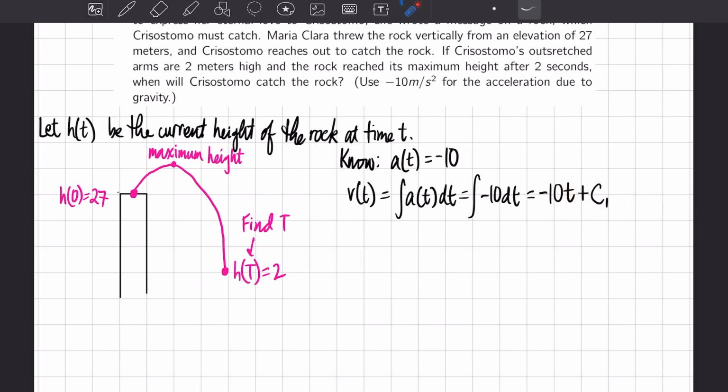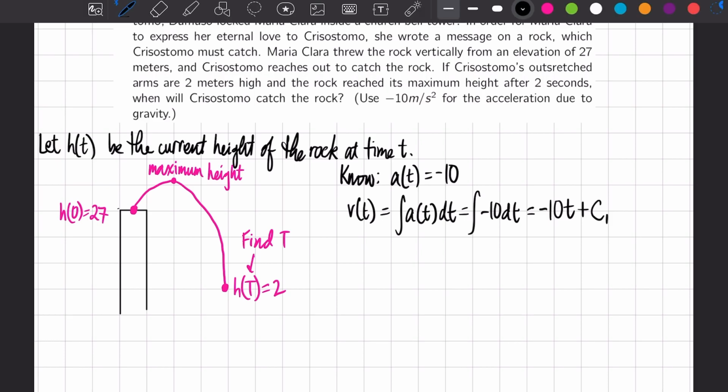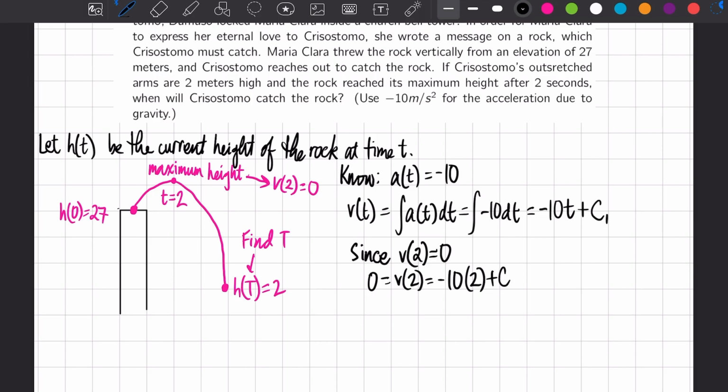But luckily, what we know is that at t equals 2, at 2 seconds, we have reached maximum height. And if you will recall, at maximum height, the particle stops momentarily, and that means the velocity at t equals 2 is 0. So since v of 2 is equal to 0, that means 0 equals v of 2, and v of 2 is just negative 10 times 2 plus c1.